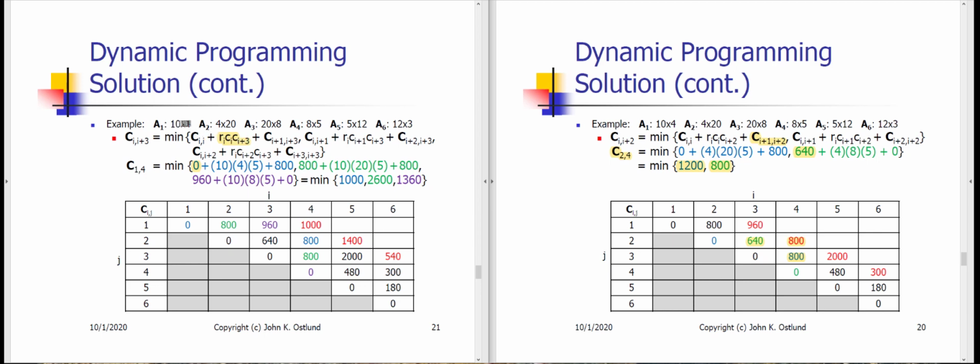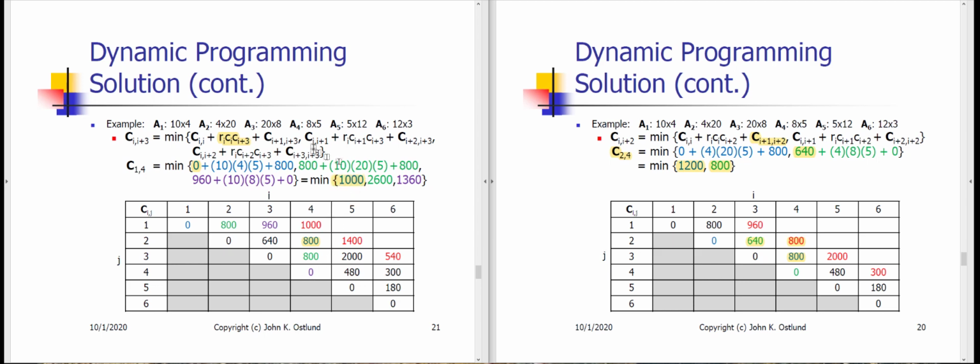So that's going to be 10 times 4 times 5. 10 times 4 times 5 is just 200. And C sub 2,4, all right, C sub 2,4 is this 800. So 200 plus 800 gives me 1,000.